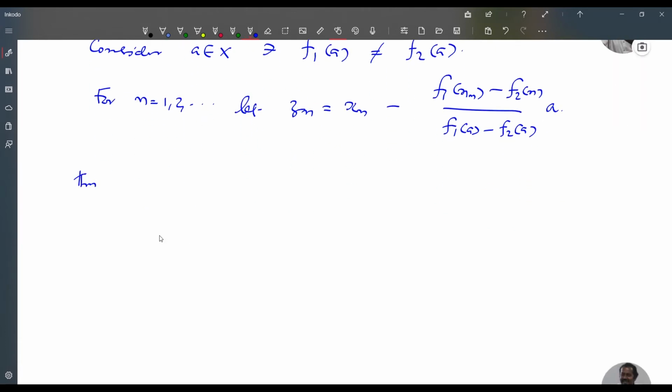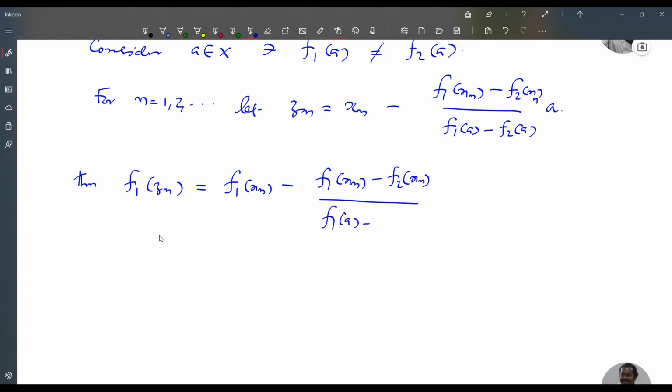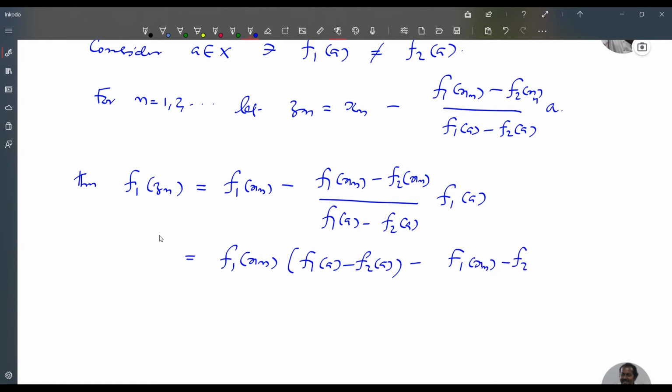Then f1 of Zn equal to f1 of xn minus f1 of xn minus f2 of xn divided by f1 of a minus f2 of a into f1 of a. So this is equal to f1 of xn into f1 of a minus f2 of a minus f1 of xn minus f2 of xn into f1 of a, divided by f1 of a minus f2 of a.